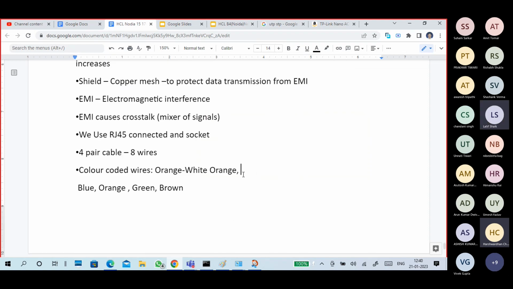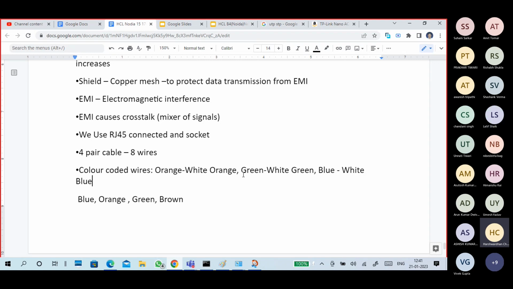Okay. Next one is the green wire. Its pairing wire is white green. Next one is the blue wire. Its pairing wire is white blue. Brown wire.